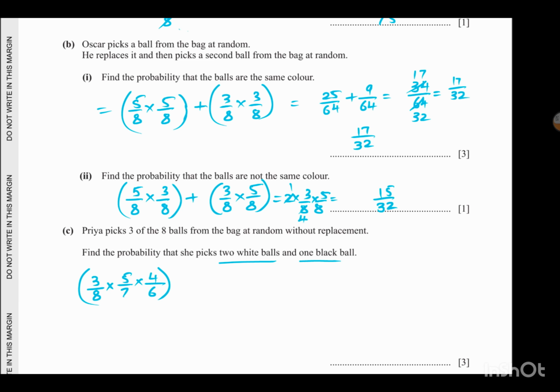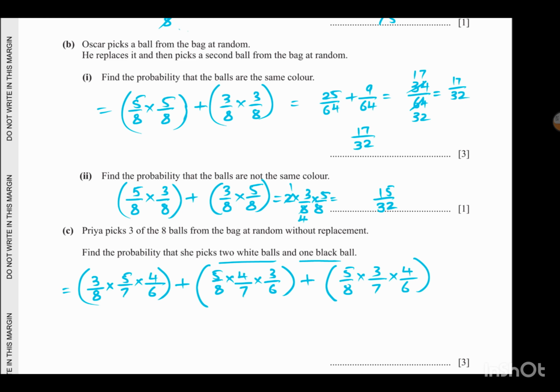This is black, white, white. Then there is also a possibility that the first two are white. So it is 5 by 8 into 4 by 7 into 3 by 6, where we got the black ball at last. And there is one more possibility where you will have a first white ball, then a black ball, then a white ball.